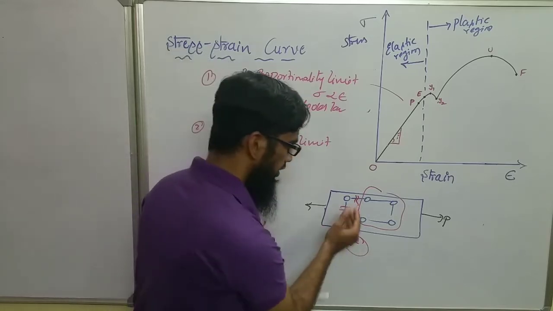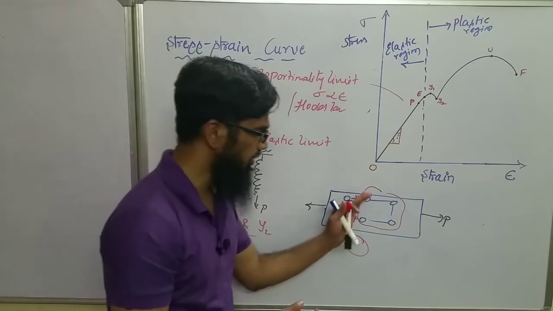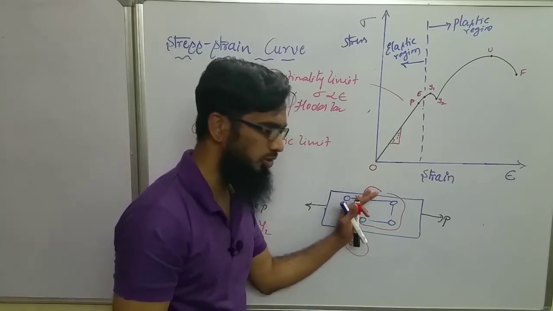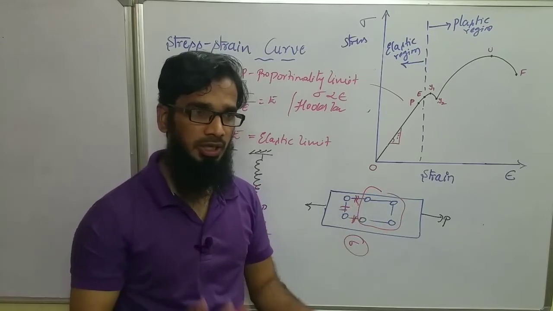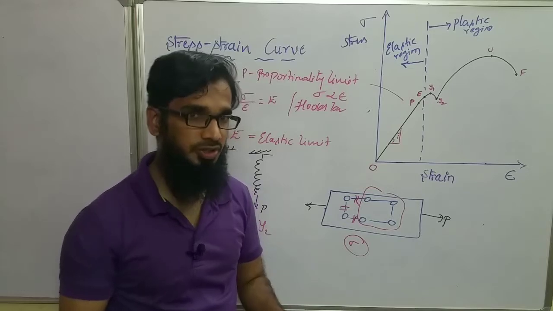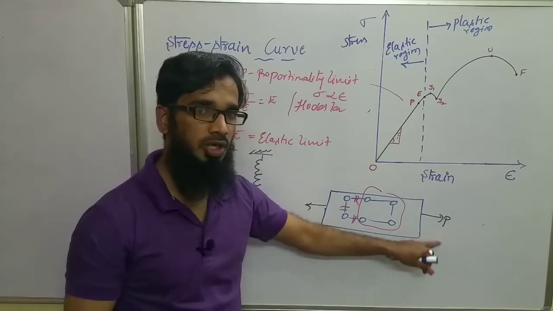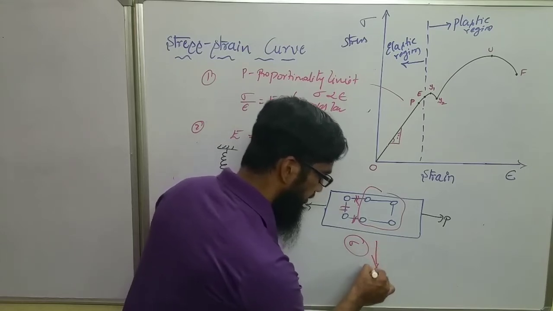Already these two are broken, and only four are there, so from 6 to 4 there will be a decrease in the strength. Decrease in strength means they cannot resist that much stress against the applied load or strain. That's why this stress decreases.